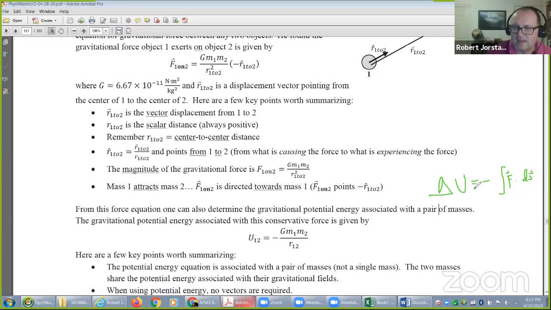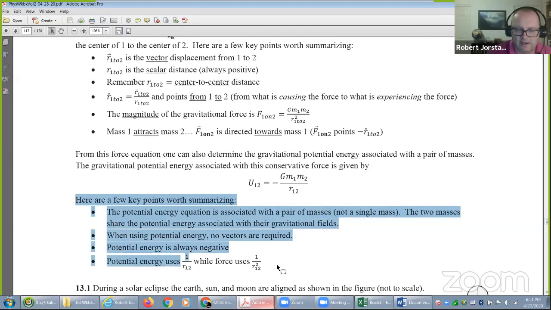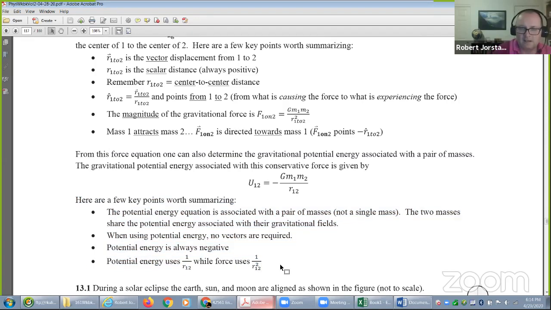And so from that, you get a minus sign, you get an integral, and you do the math, we get this. Okay. So we're going to focus more on using this than deriving that. And I want to point out, this is probably worth summarizing right here. So let's make sure we read this again, page 117.